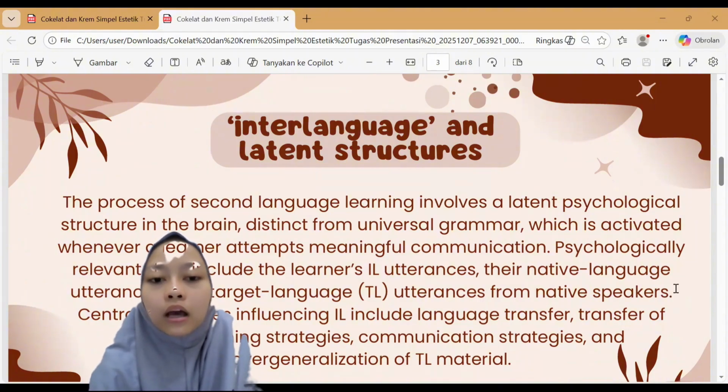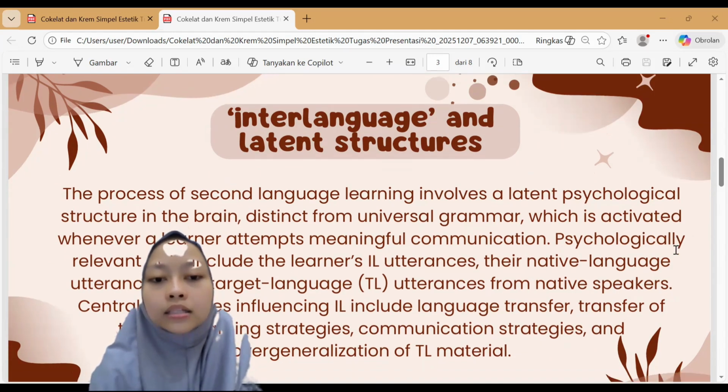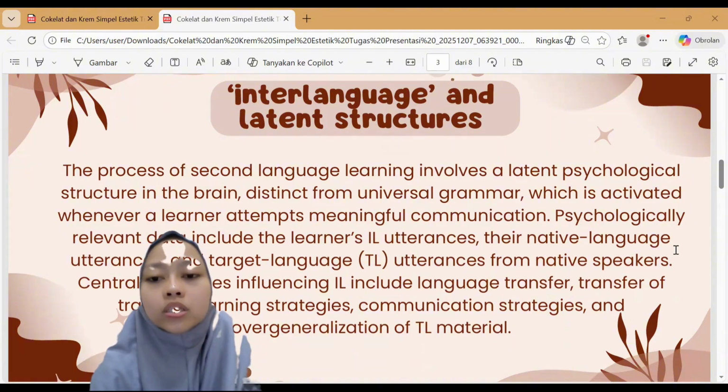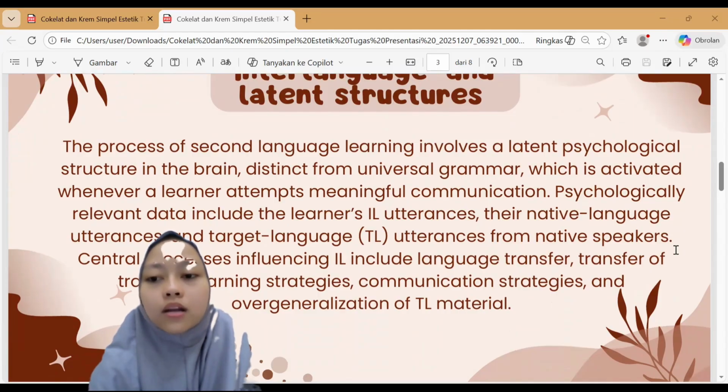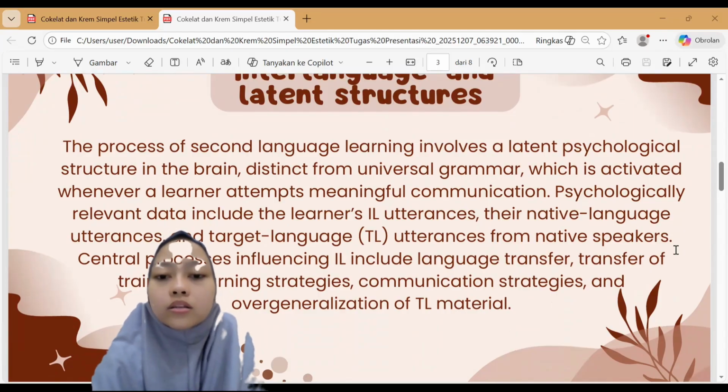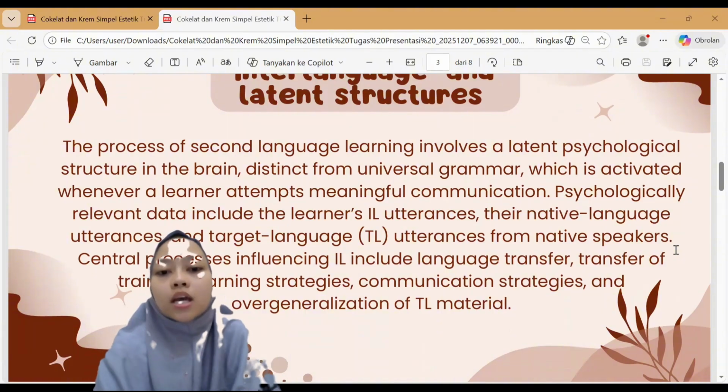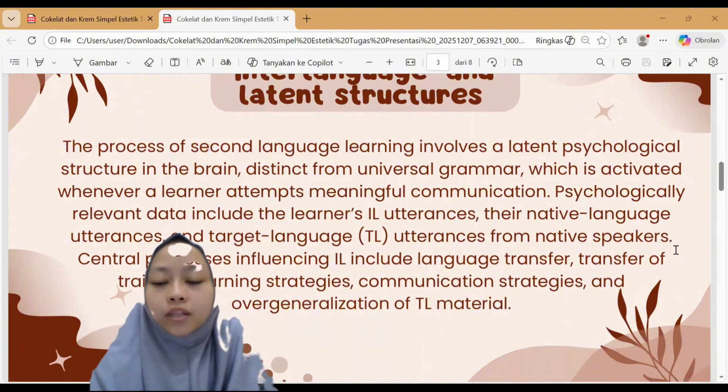Psychologically relevant data include the learner's IL utterances, their native language utterances, and target language utterances from native speakers. Central processes influencing IL include language transfer, transfer of training, learning strategies, communication strategies, and overgeneralization of TL materials.